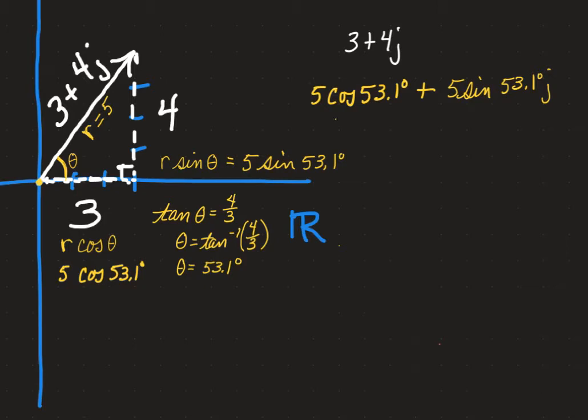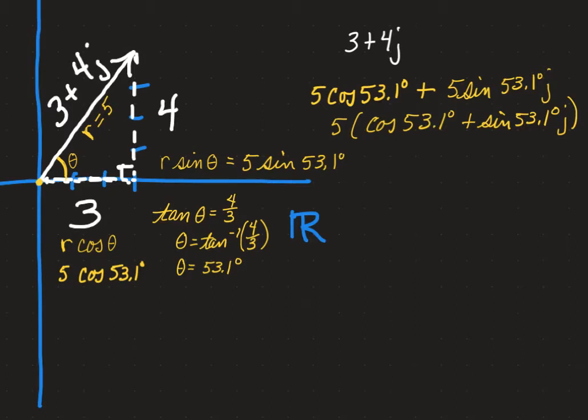So this can be rewritten yet again as 5 times the cosine of 53.1 degrees plus the sine of 53.1 degrees j. Take a look at that. Is j part of what we're evaluating with the sine, or is it multiplied by the sine of 53.1?